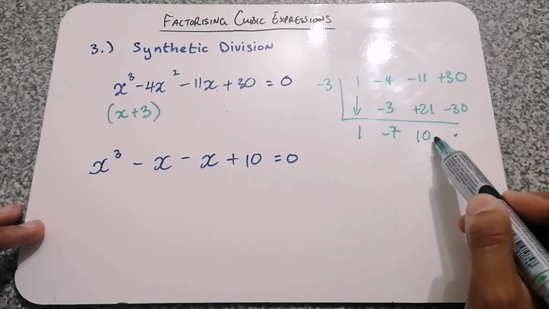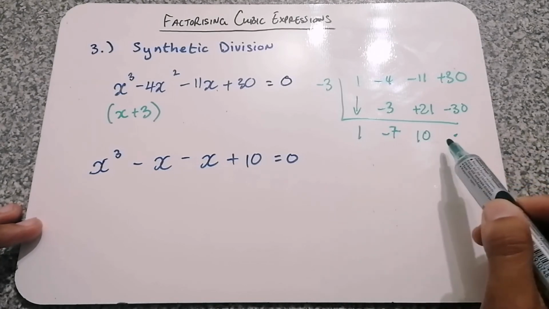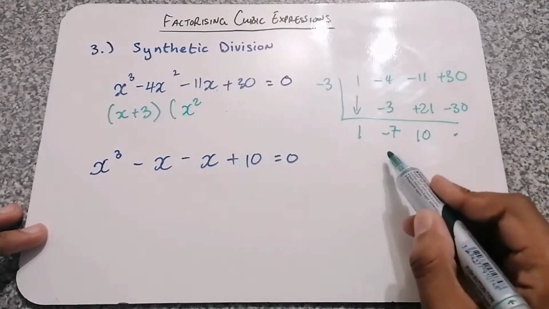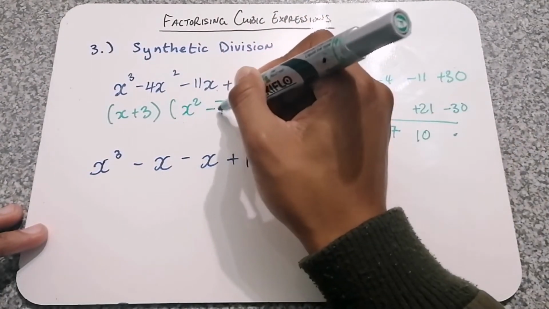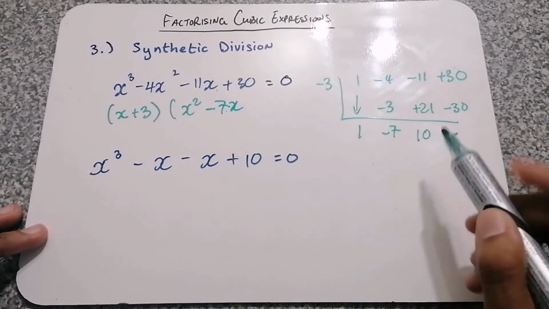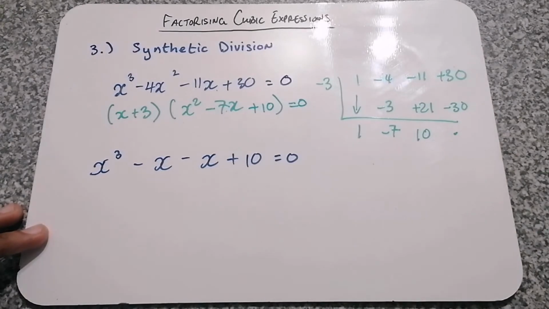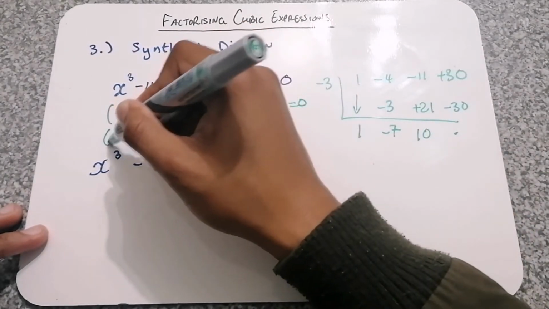These numbers here are the coefficients for the trinomial that goes here. So 1x squared minus 7x plus 10. Then all we need to do is factorize the trinomial.